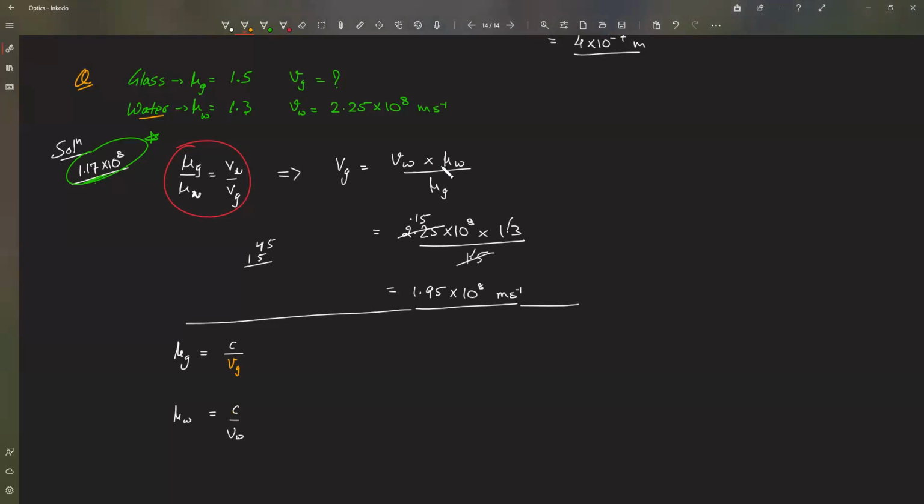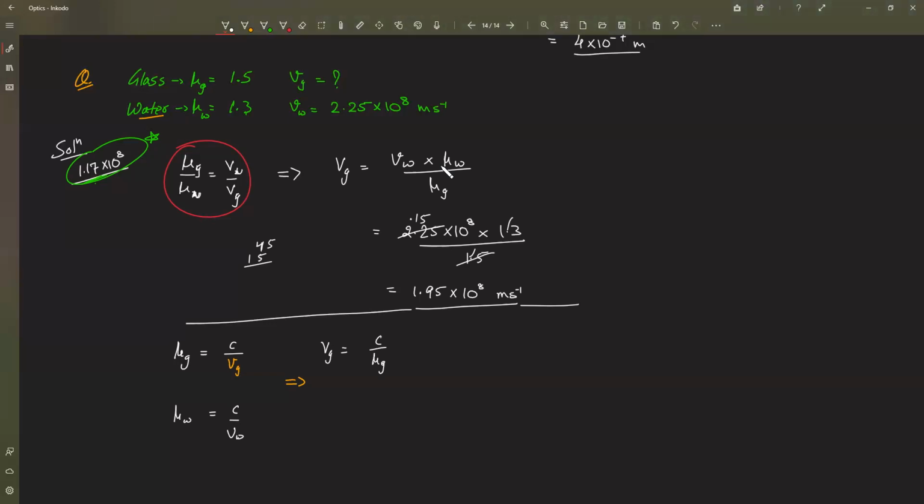Now if you solve this, you will get the same thing. You must have substituted c there, but that is not required actually. You can directly write vg, that is velocity in glass, as c divided by mu g.